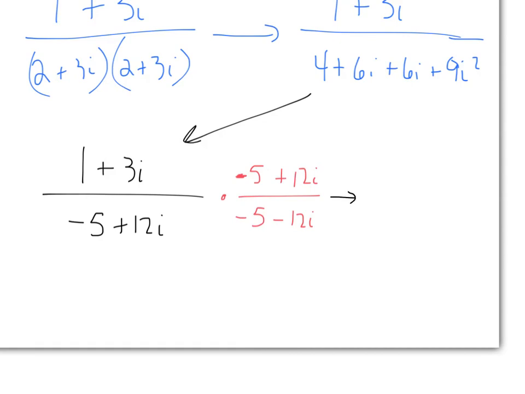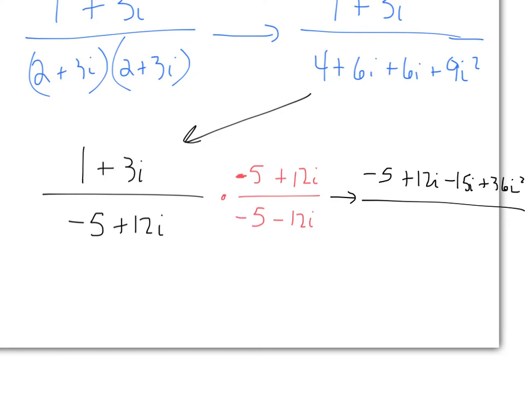The numerator is going to be messy. I'm going to FOIL negative 5. Outer is going to give me 12i. Inner is going to give me negative 15i. And last will give me 36i squared. The denominator, much easier.